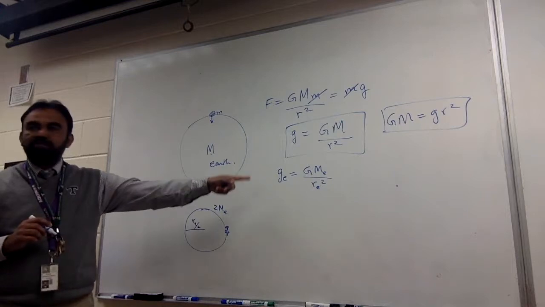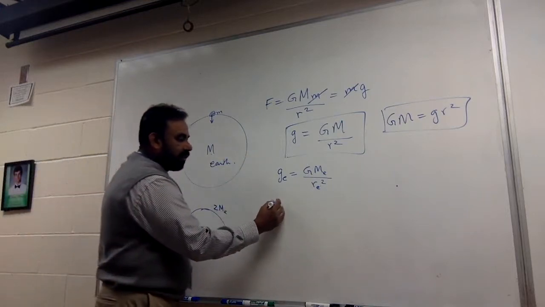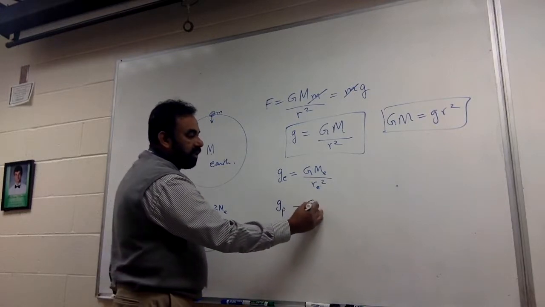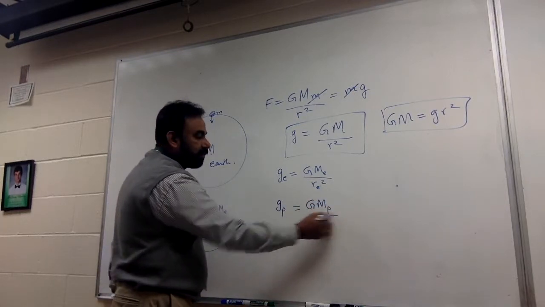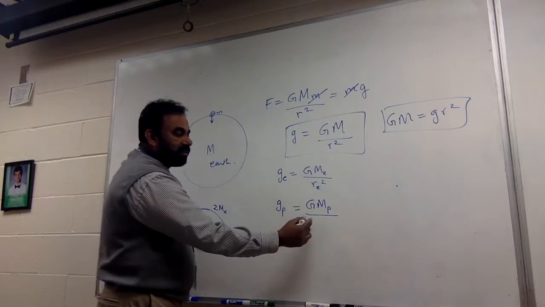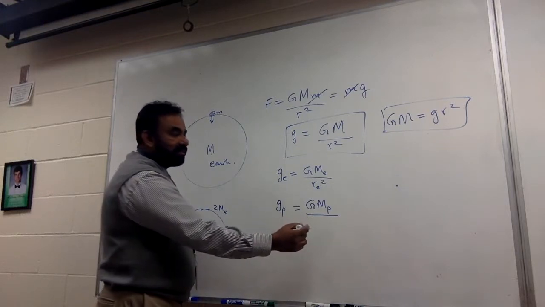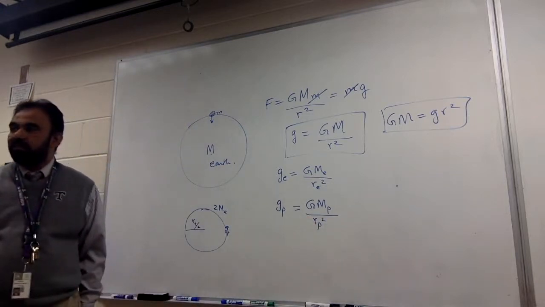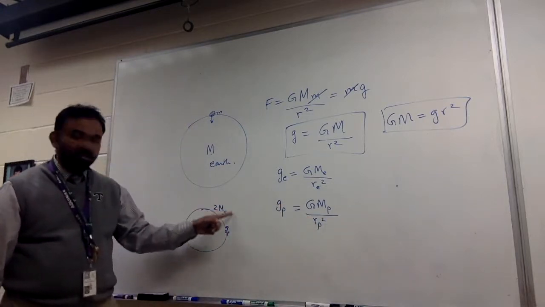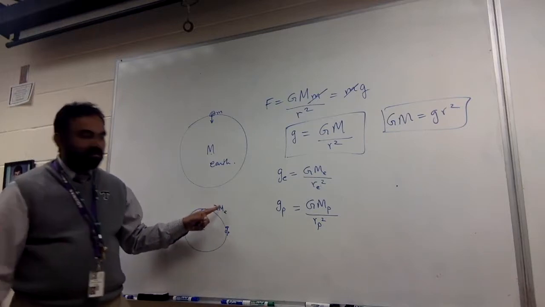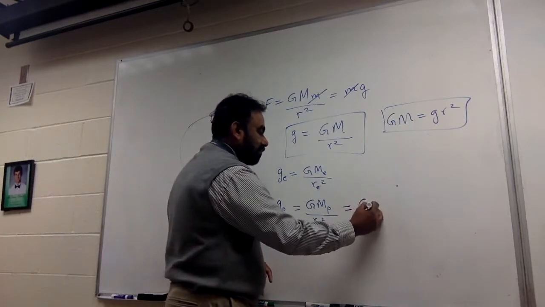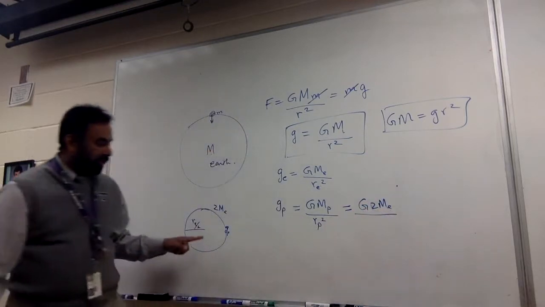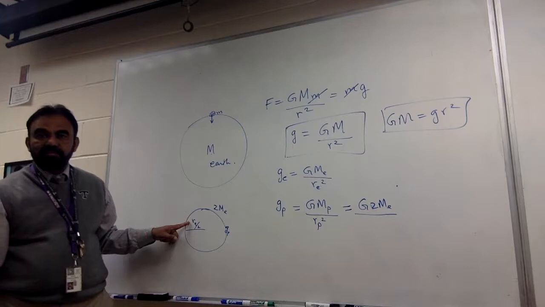So what you do is pounce onto this equation. So let's write down that equation. g_P on the planet is G M_P over R_P squared. Now replace M_P with this. Replace R_P with this. What do you get?